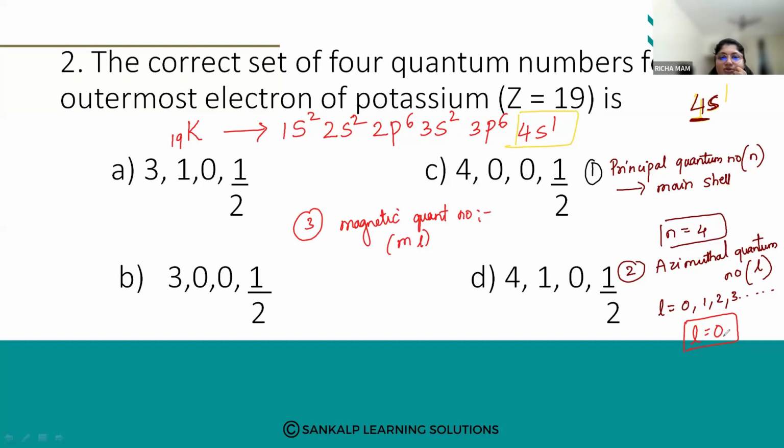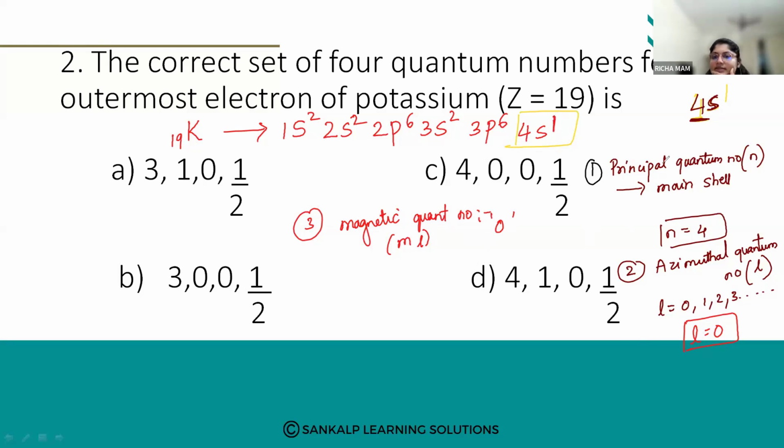When l is equal to 0, the magnetic quantum number for 4s is 0.